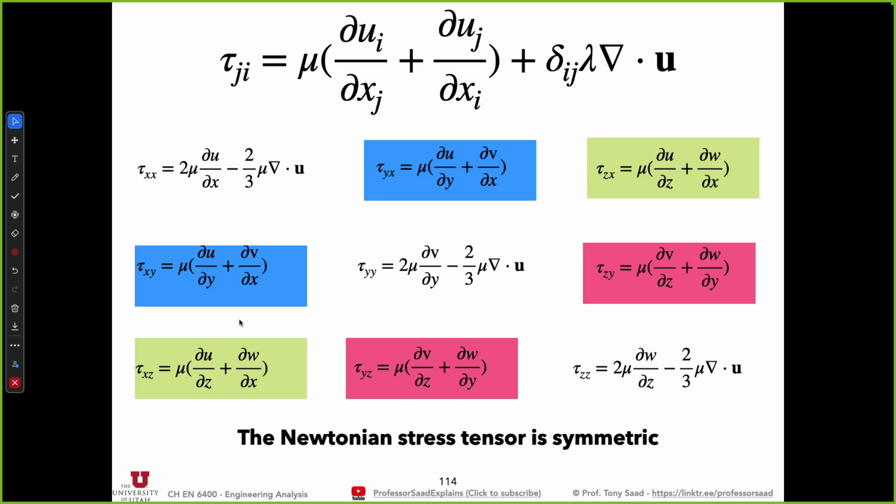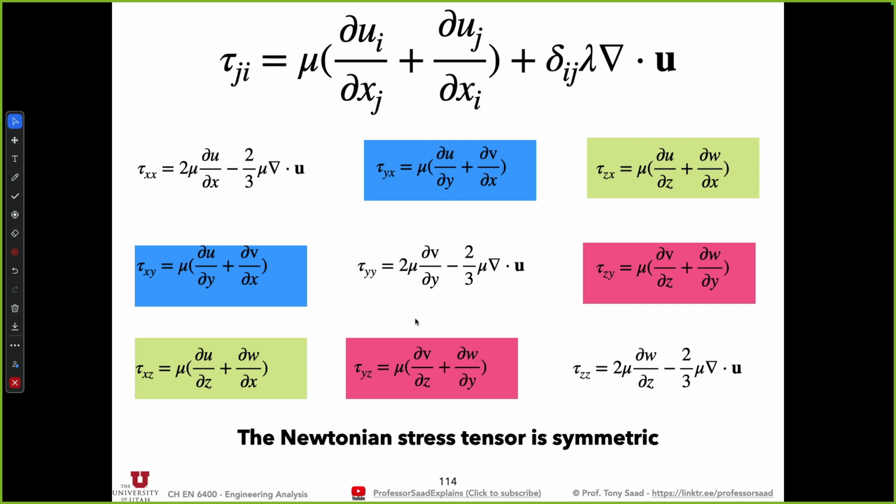Now, for a Newtonian fluid, the stress tensor is symmetric. Tau yx is equal to tau xy, tau zx is equal to tau xz, and tau zy is equal to tau yz. You see how I put the blocks in color over here? And then the terms on tau xx, tau yy, and tau zz, they look however they want to look like, okay?